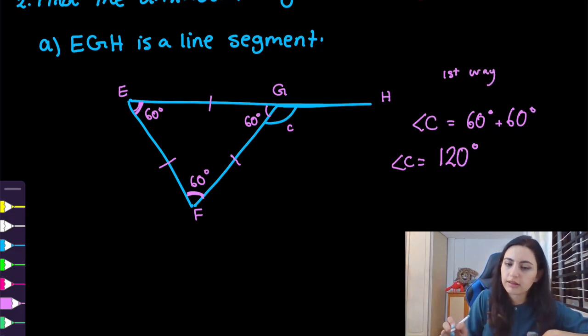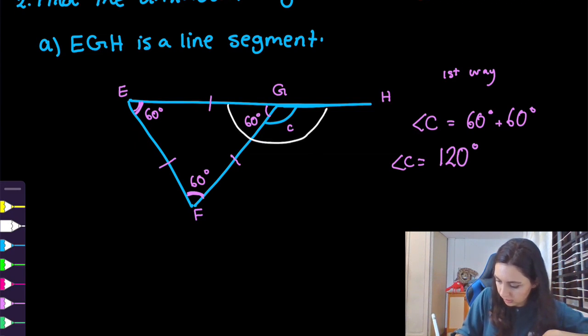Second way, let's say I don't remember that rule. I just remember the rule that the total degree from here to here is 180, and I know this one is 60. So the second way, or you just want to check your answer, that's okay as well.